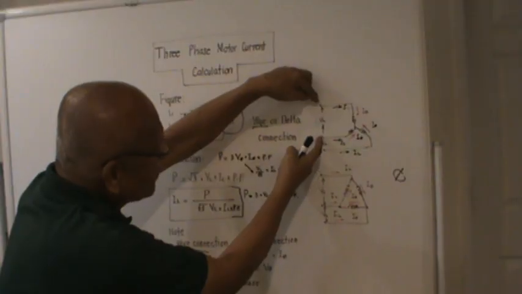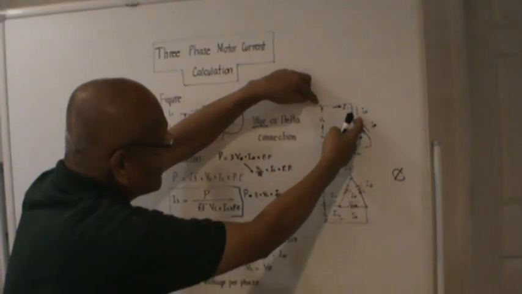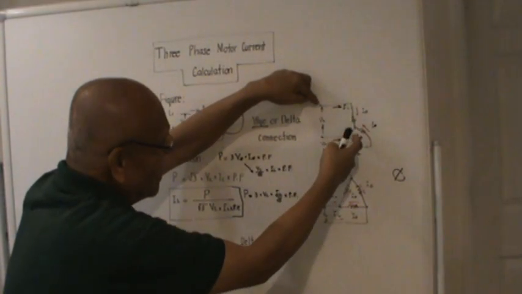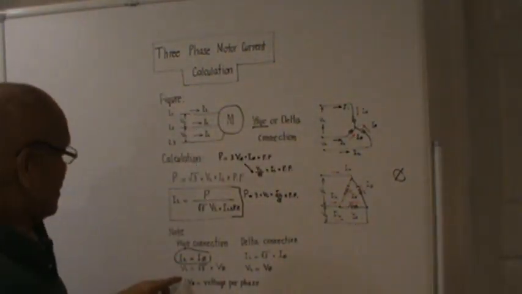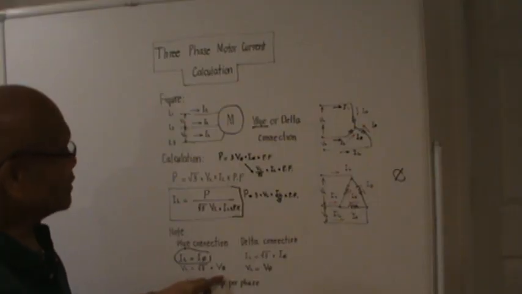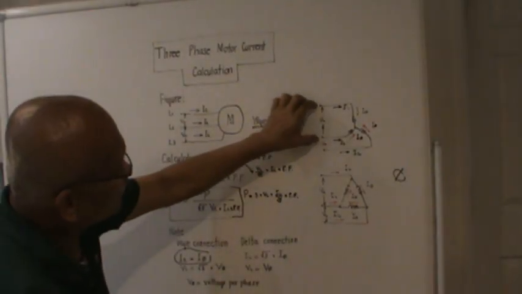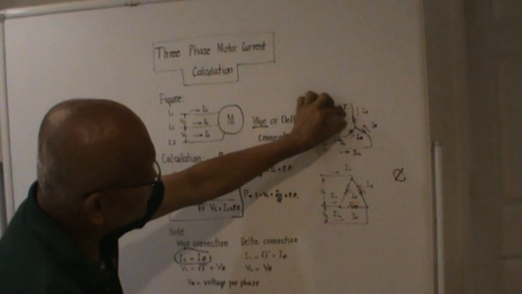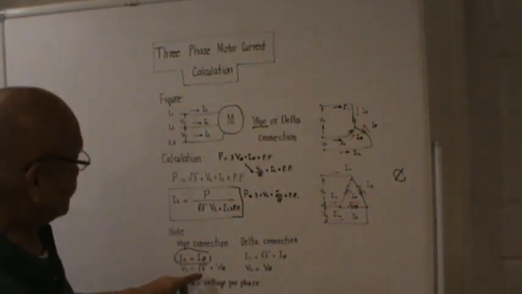The line voltage is greater than the phase voltage. The relationship is: voltage line to line is the square root of 3 times voltage phase. This line voltage is greater than the phase voltage by a factor of square root of 3.